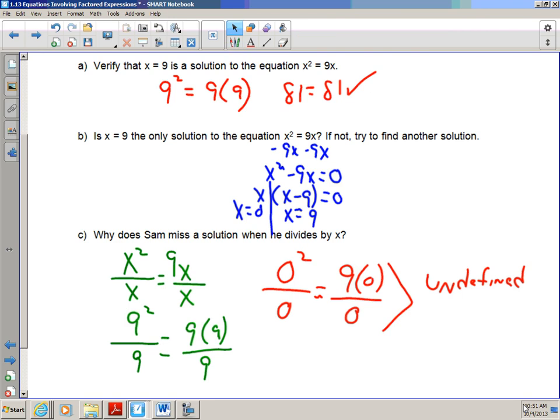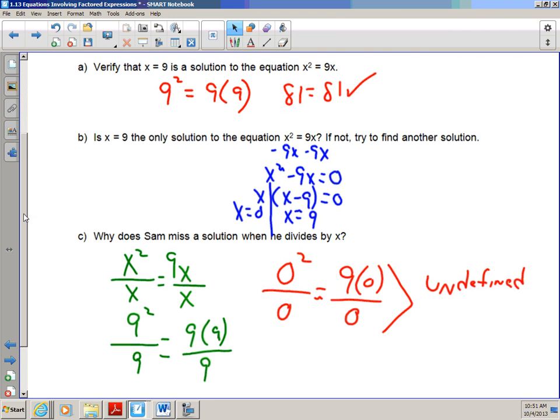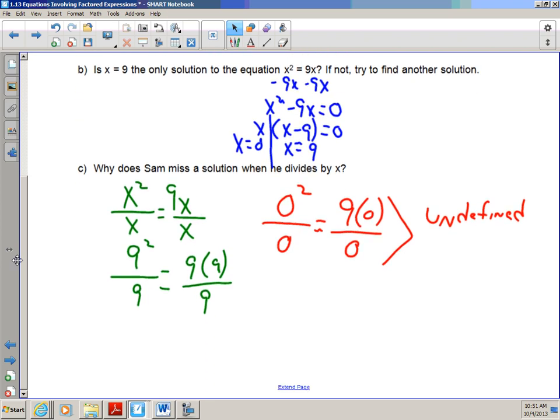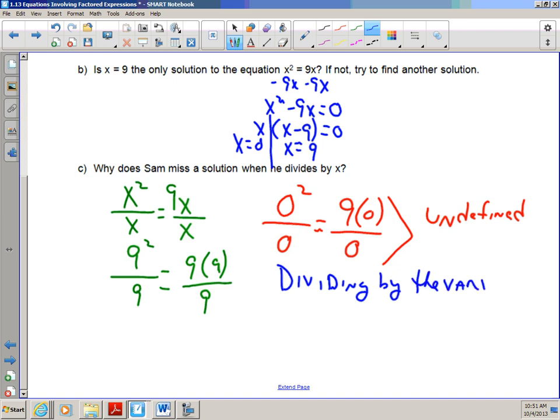So, what's the point to this? The point is that dividing by the variable is not a valid step because it eliminates a solution.